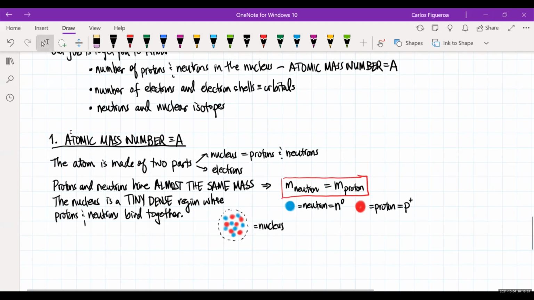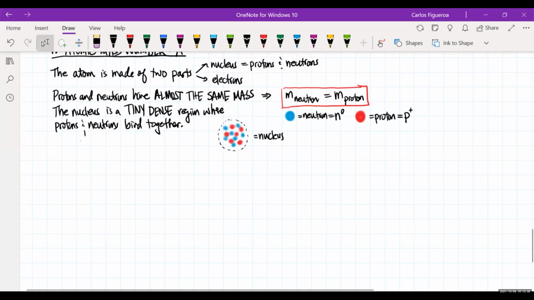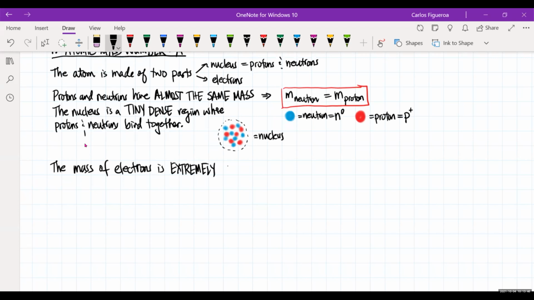Okay, so now we've dealt with the mass of the neutron and the proton. So let's keep going. So now what I'm going to look at is the next thing. The mass of electrons is extremely tiny compared to the neutron / proton.